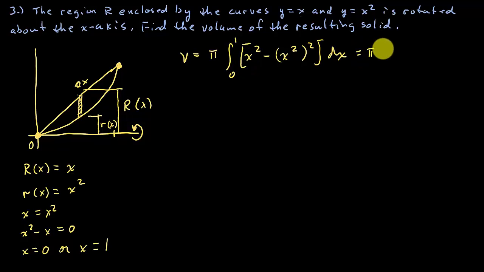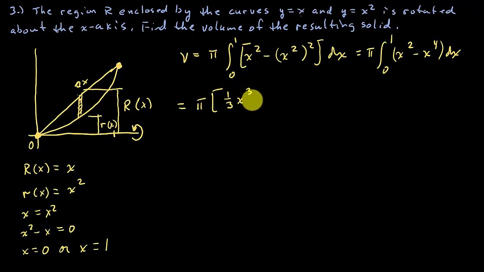And so this is going to be pi times the integral from 0 to 1 of x squared minus x to the fourth dx. And so now we integrate this. That's going to be pi times 1/3 x cubed minus 1/5 x to the fourth, from 0 to 1. And so now we evaluate.